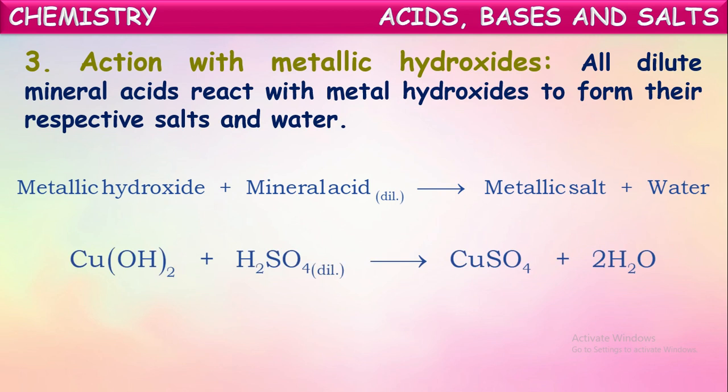For example, copper hydroxide on reaction with dilute sulfuric acid forms a copper salt called copper sulfate along with water. So metallic hydroxides and metal oxides, both on reaction with mineral acids, form their respective salt and water.